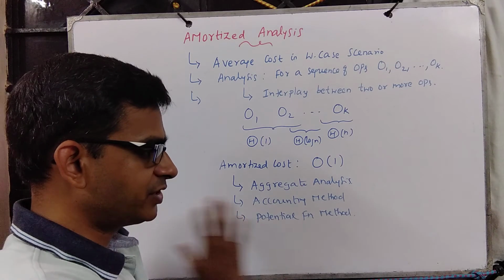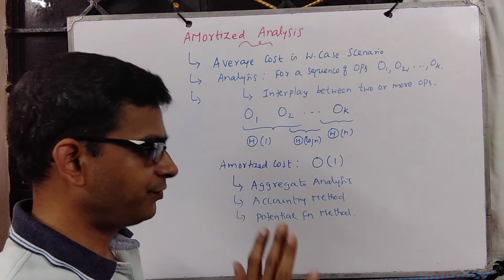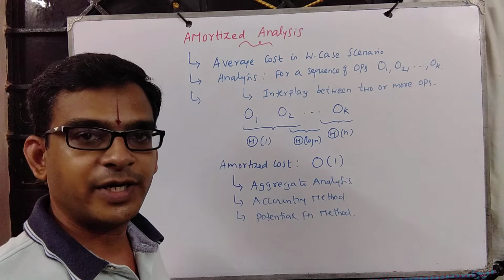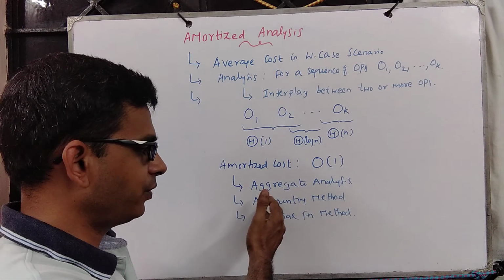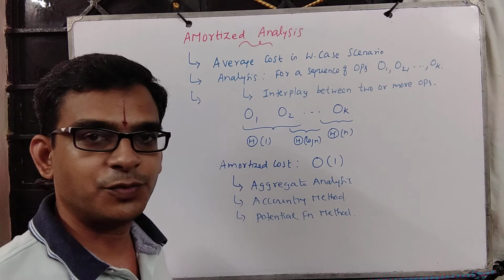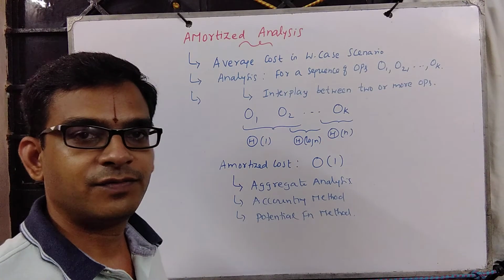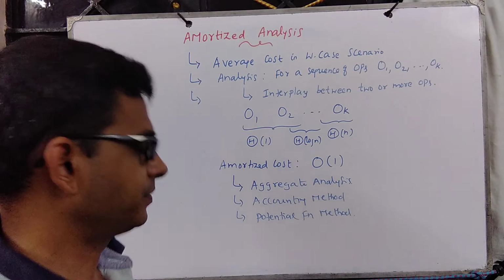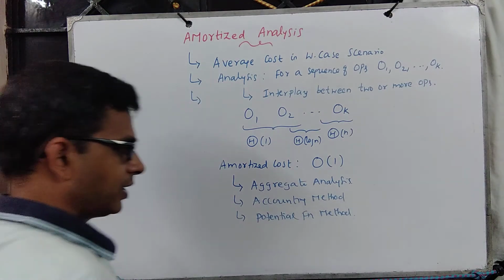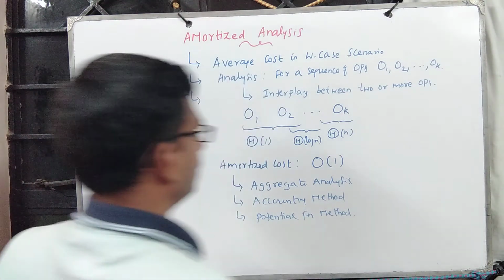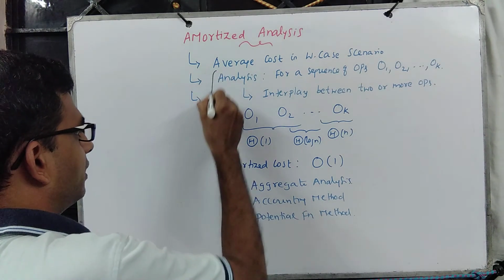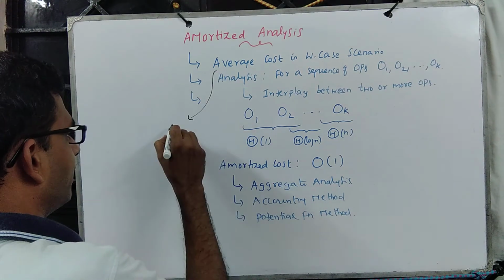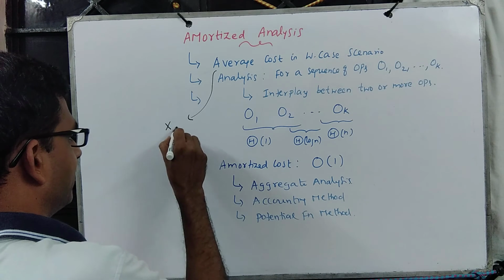And we will not change the underlying algorithm, fixing the algorithm, and by looking at the primitive operations, we identify, if I do aggregate analysis, what would be the amortized cost for this input sequence. So there are a couple of things to note. This is not our classical average case analysis.